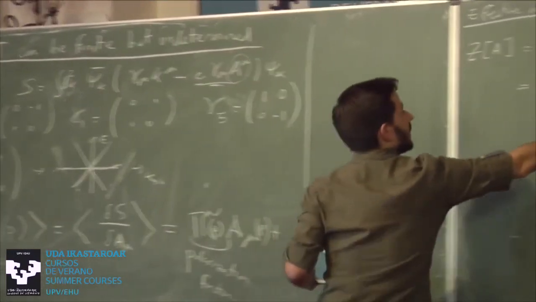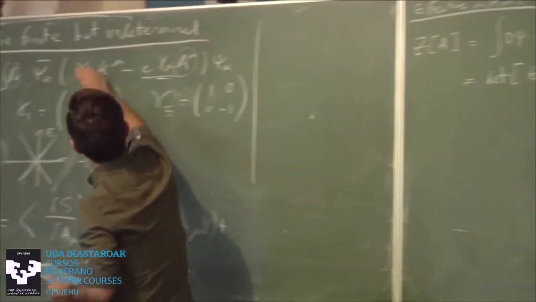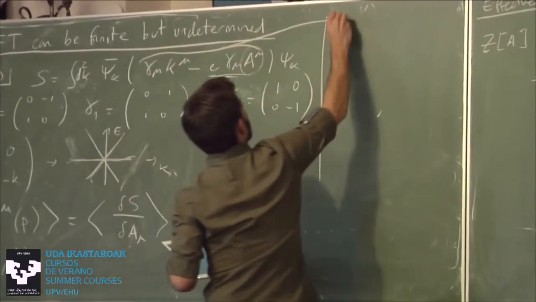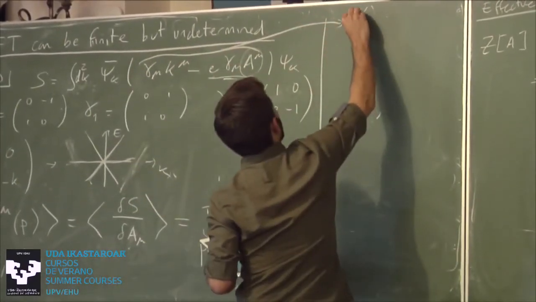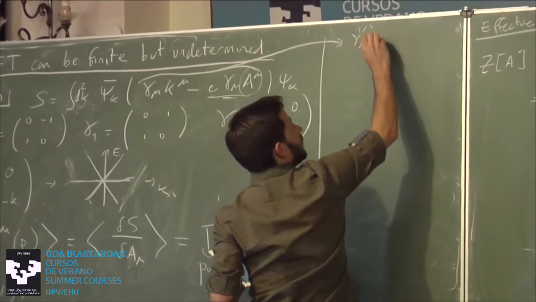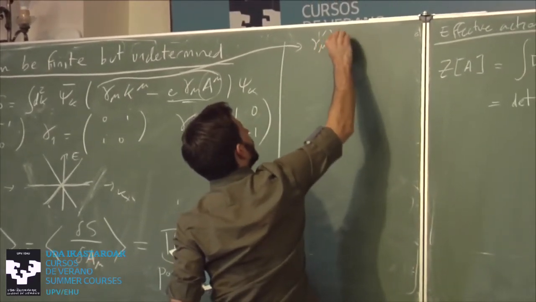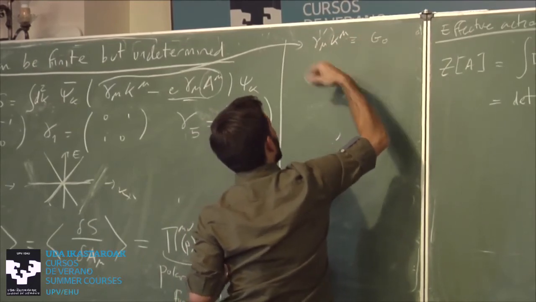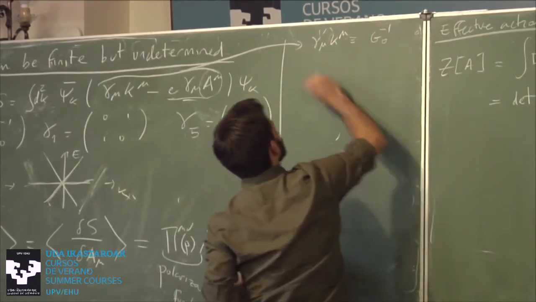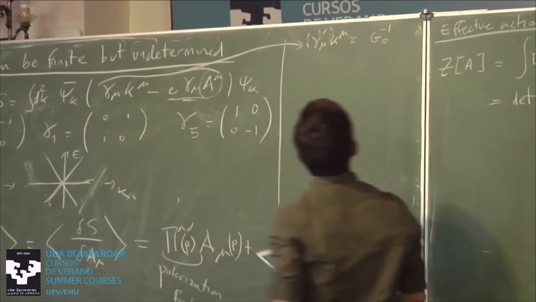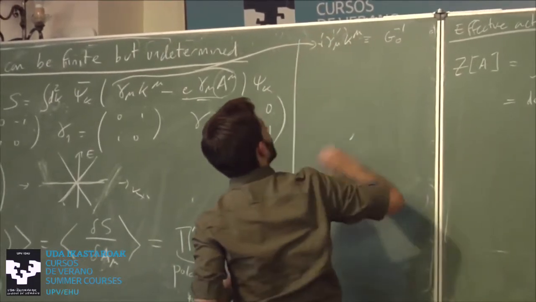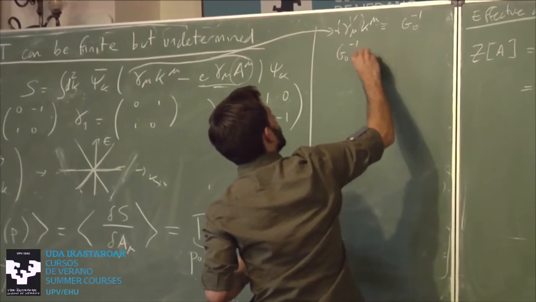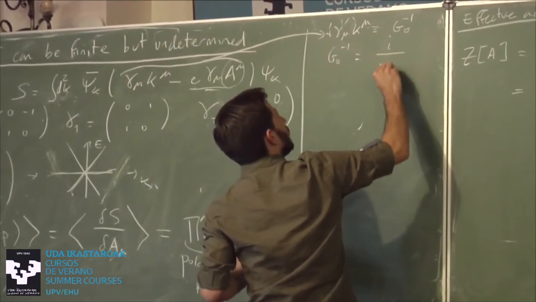So what is this that I have defined here? This is actually this object. I'm going to define this guy here as Green's function to the -1, actually with an I, or minus I. So Green's function to the minus I is just I over gamma mu k mu.